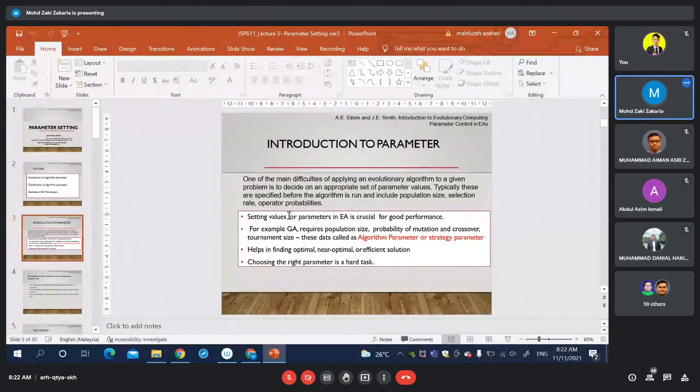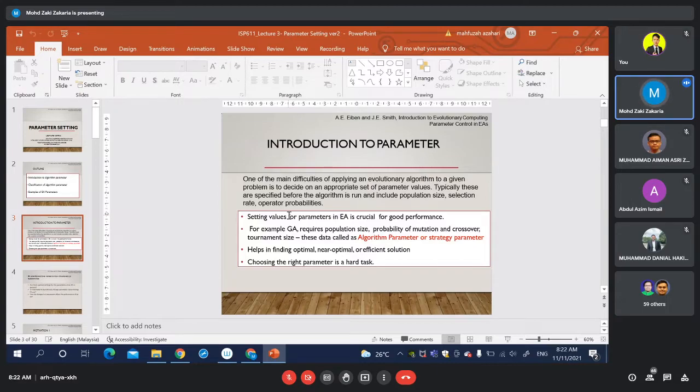That is the parameter, and then actually we don't have any specific criteria to determine the parameter setting. Okay, usually we determine by experiment.